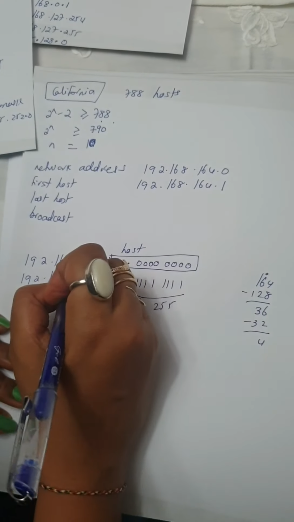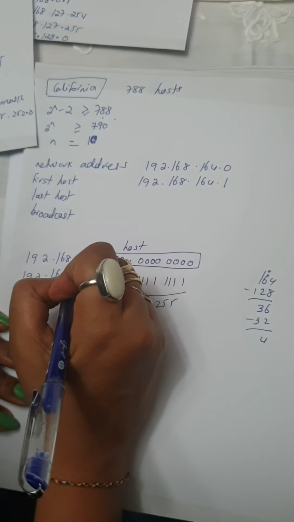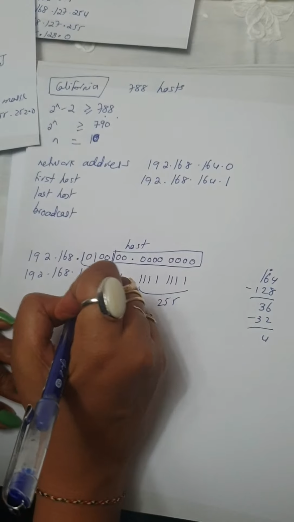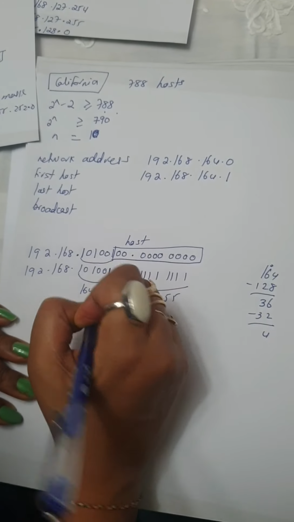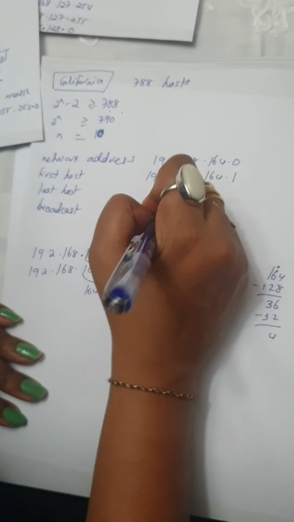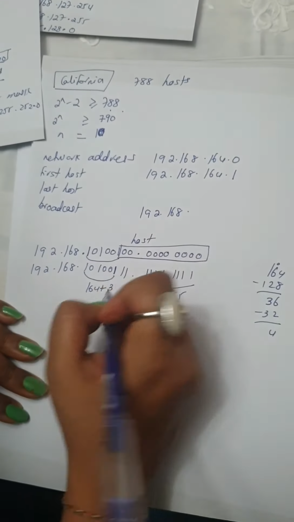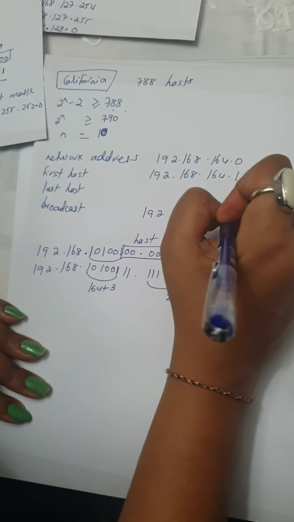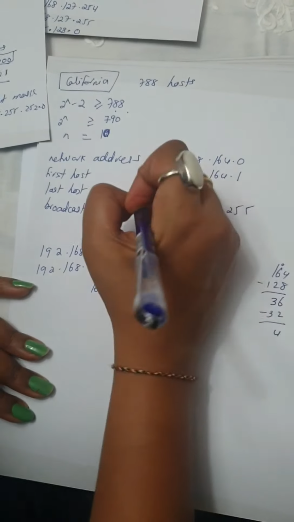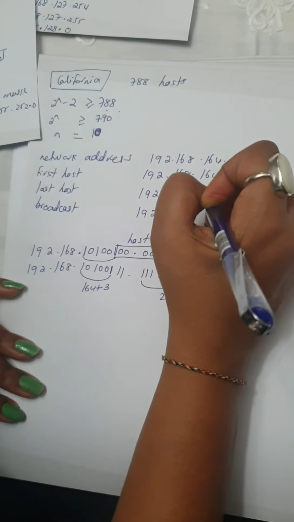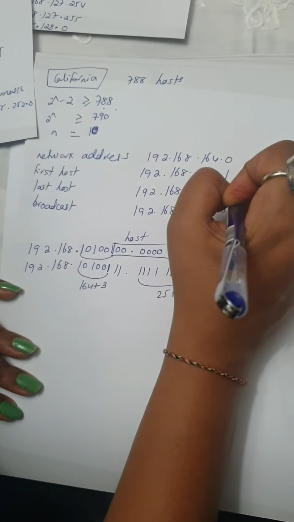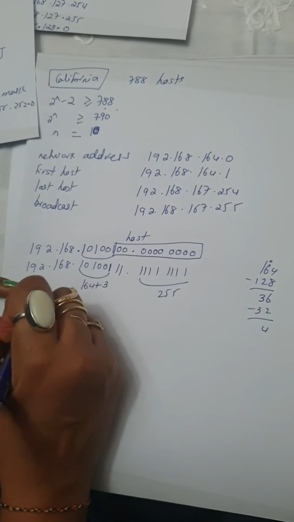Now we know 164 plus 1 plus 2, which is 3, 167. So 167.255. So the last host is 192.168.167.254.